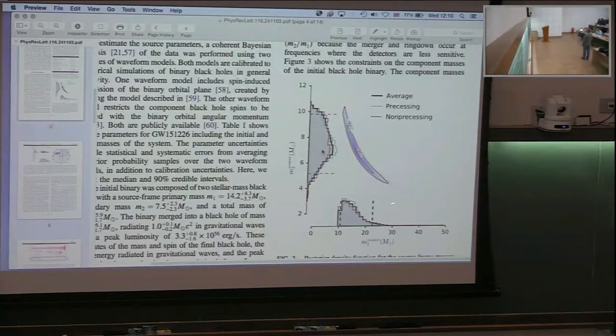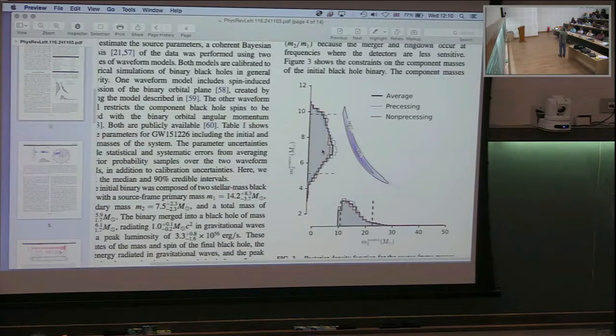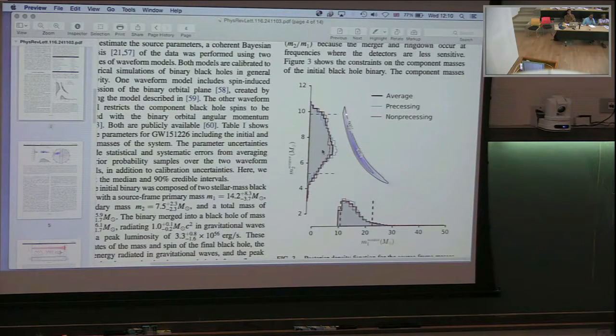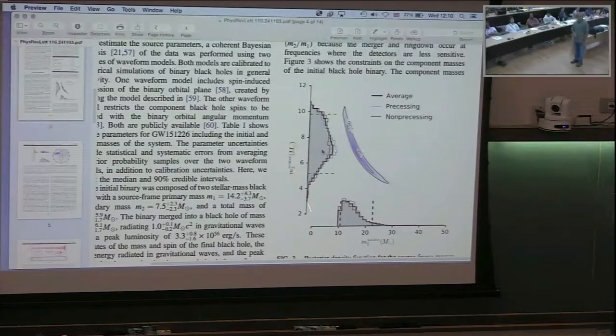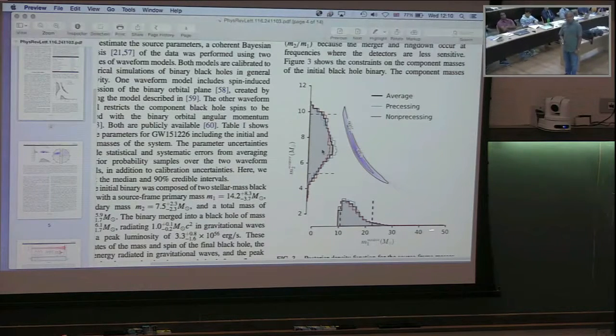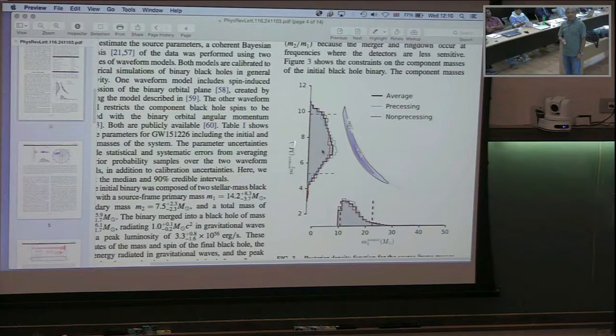But I'll have an opportunity to talk about that in a minute. This is the probability distribution that we obtain. What is it saying? It's saying this is the mass of the first companion, 0 to 50 solar masses, 2 to 12 solar masses for the second companion.